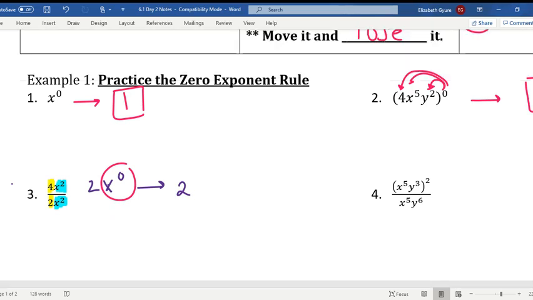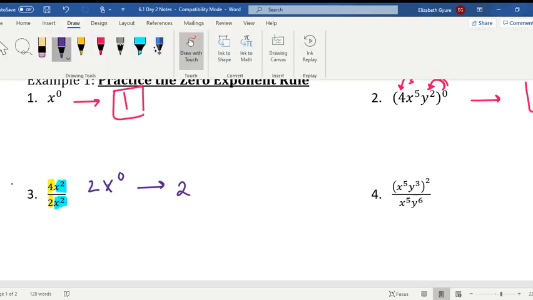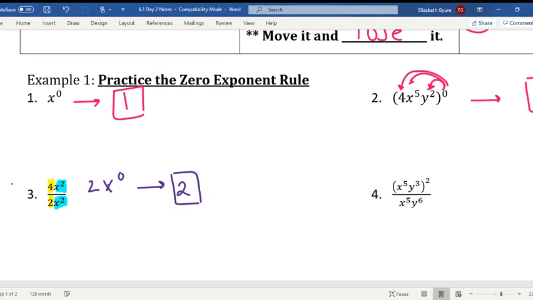Another way to think about this, guys, if you don't like doing it in 2 steps like that: if you have things on the top and the bottom of a fraction that match, like if you have 5 over 5, what's 5 over 5? 1. What's 7 over 7? 1. So what do you think x over x is? Still 1.